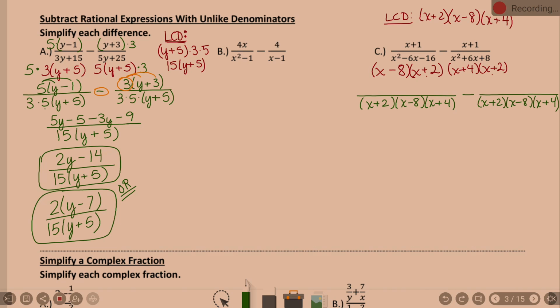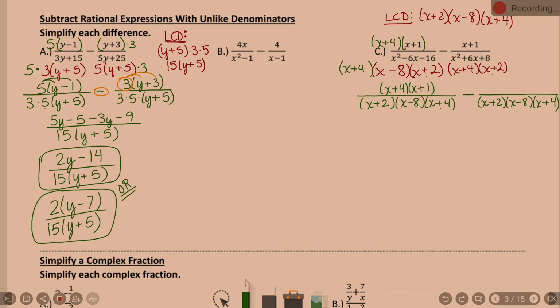Okay. When you're ready, investigate. First fraction, what are we missing from that common denominator? x plus 4. We're missing the x plus 4. So that means in the denominator, I'm going to multiply by x plus 4, and more importantly, in the numerator. So that means I'm going to be multiplying x plus 4 times x plus 1.